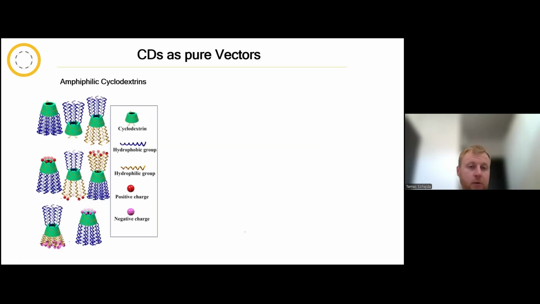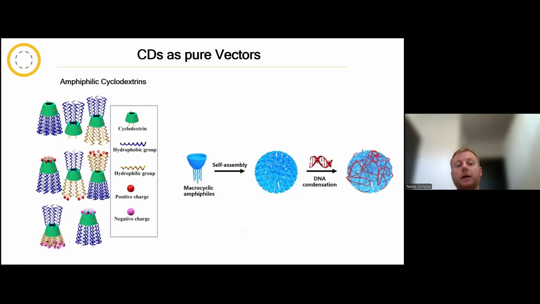The other possible application is to use amphiphilic cyclodextrins, and of course here the chemical modifications are also very vast, and there can be a lot of compounds created, and as I said, these form nanoparticles that incorporate inside different types of oligonucleotides.